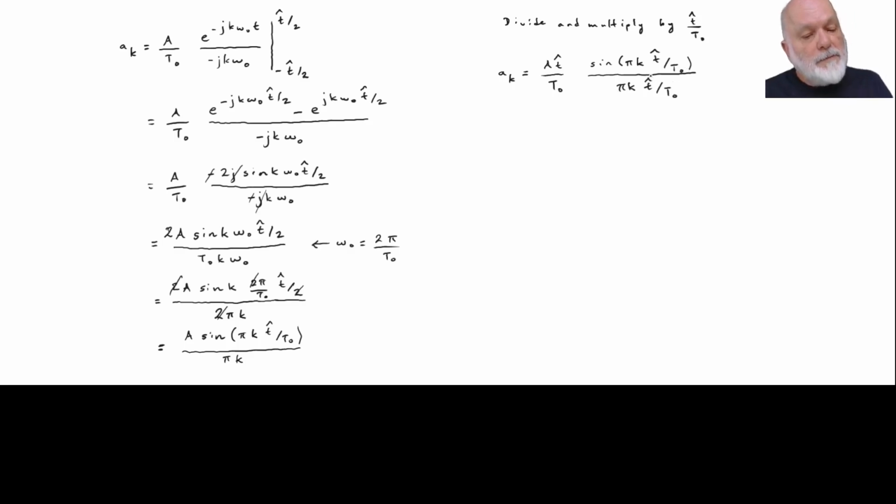So we have sine of a certain expression divided by that expression. So in fact we have evaluated the coefficients, but this expression here has a certain special name as a function, and it is called the sinc function.